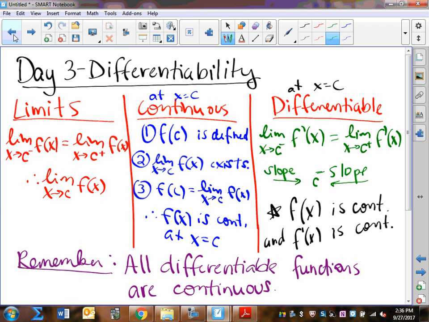Another notation for this is I could have said f prime minus of x, that means from the left, and f prime plus of x, the little plus sign means from the right. Now, x would have to be some actual number, right? So actually, I should probably say f prime of c to indicate that it's an actual number and not a variable. So this means left-hand derivative, so that slope as we come from the left. Right-hand derivative, slope as we come from the right.